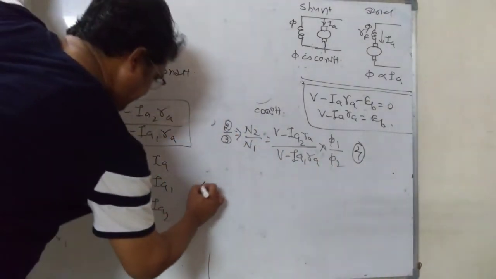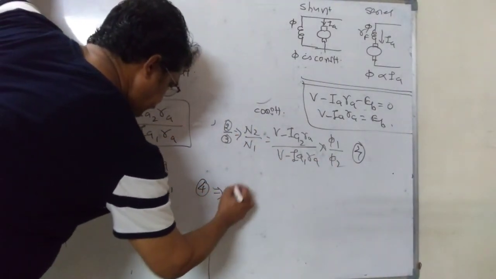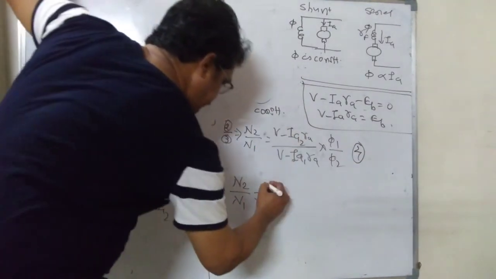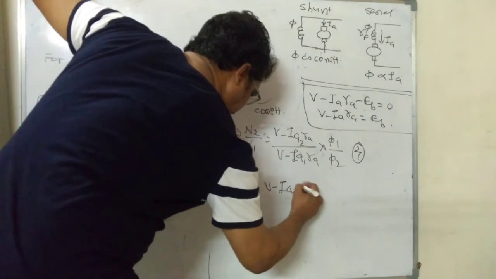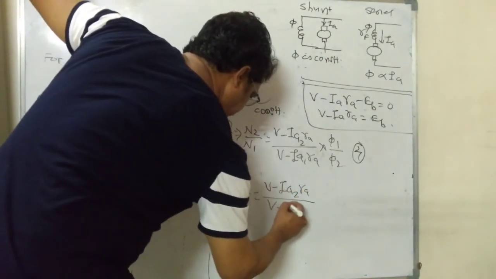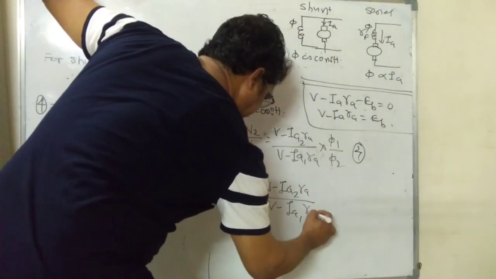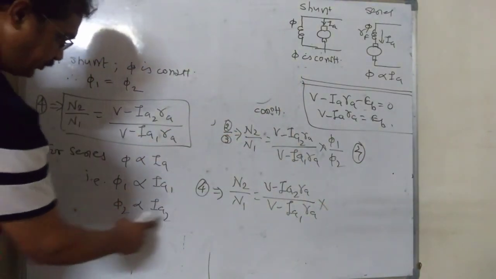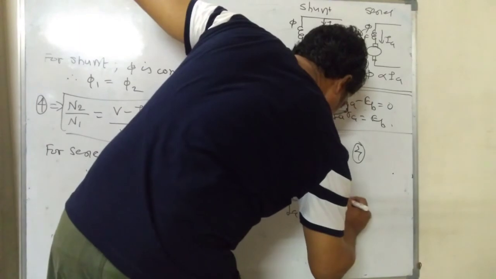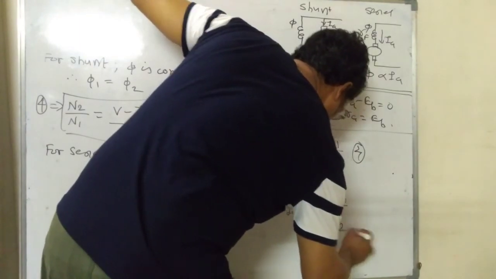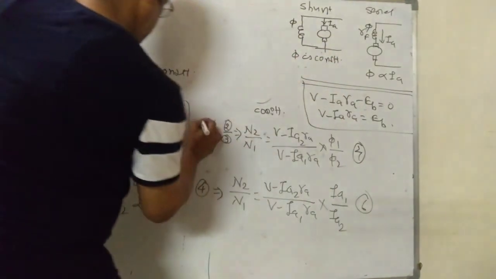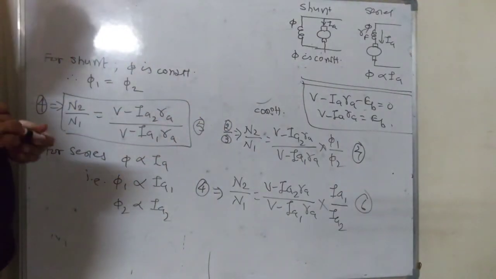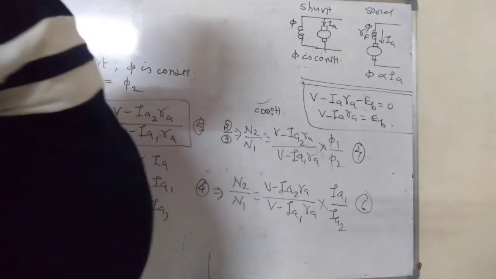So equation 4 will then be N2 upon N1 equal to V minus Ia2 Ra upon V minus Ia1 Ra, multiplied by I1 upon I2. So equation 5 is the speed relation for shunt motor, equation 6 is the speed relation for series motor.